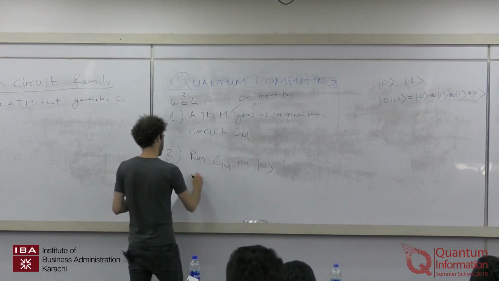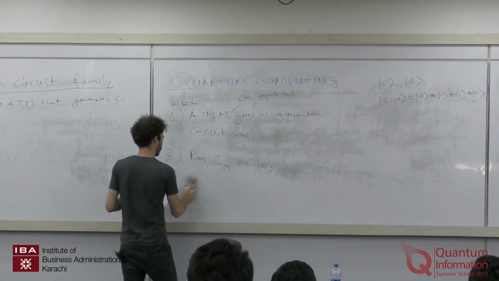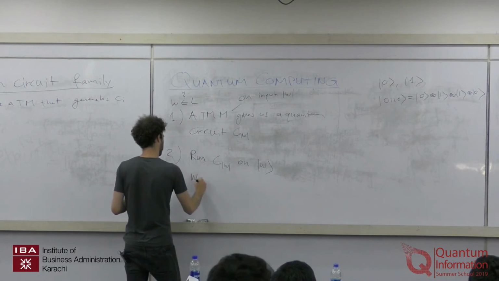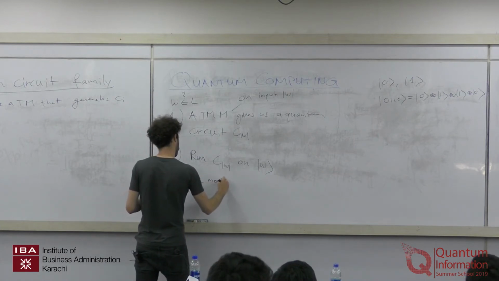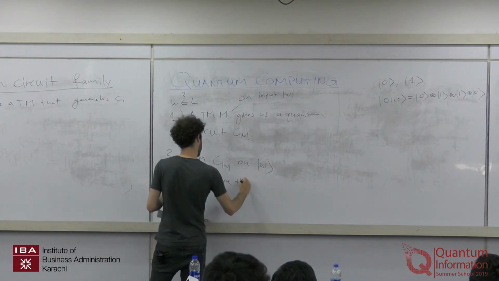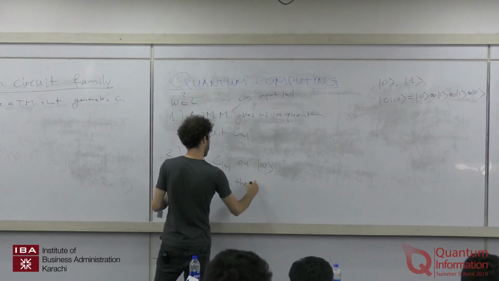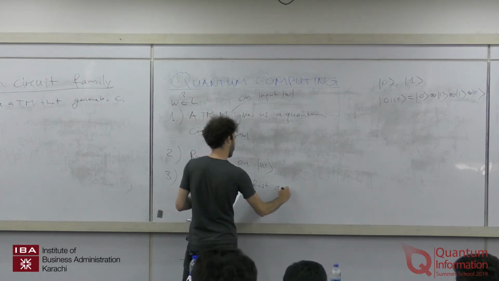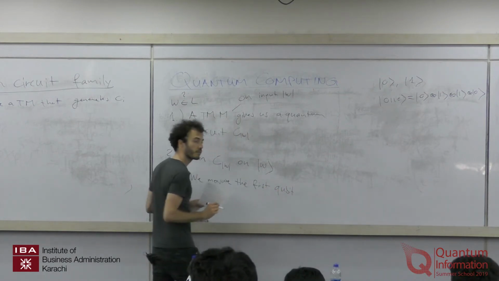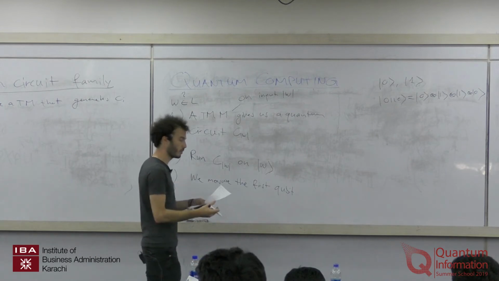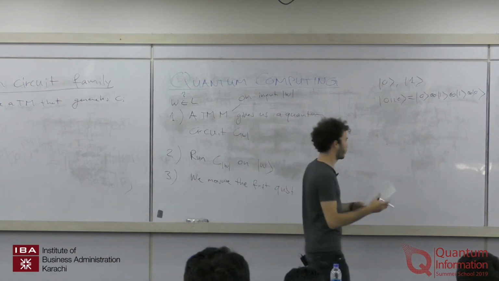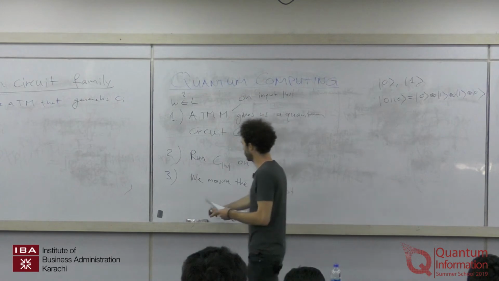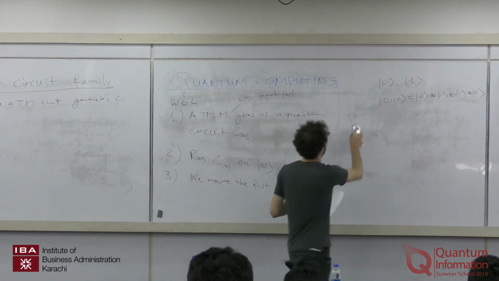We measure the first qubit of the output. And then the measurement result will tell us something about what we want to compute. Okay, so this is the general idea.